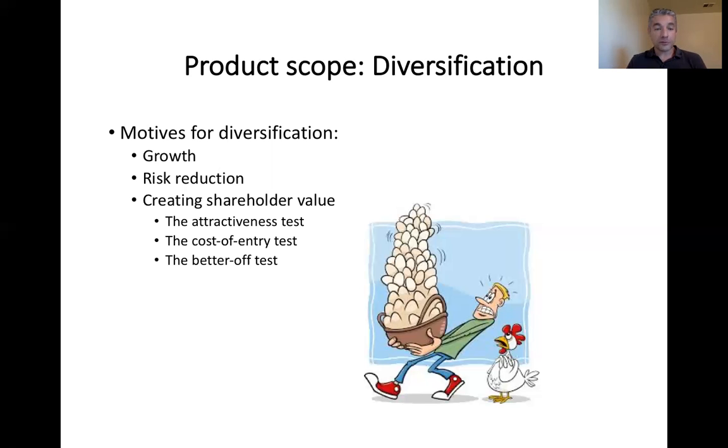You may also diversify to reduce the risk of economic cycles, because different industries are at different stages of the economic cycle. If you go into multiple industries, you are protected, or so you hope, against simultaneous decline in multiple industries.